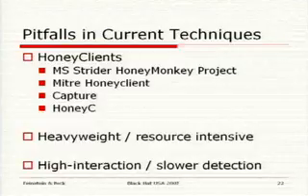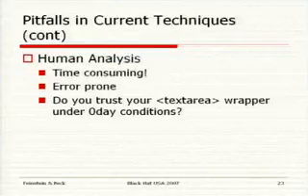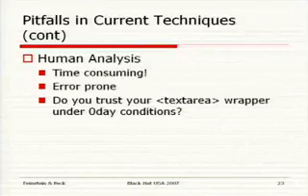Also tends to be very high interaction. Some of these techniques also have to be high interaction. Lots of human time, lots of loading up the VMs, lots of running it through. Human analysis, time consuming. Very, very time consuming. I don't know how many of you have ever dealt with malicious JavaScript or malicious code in general trying to figure out what it does.